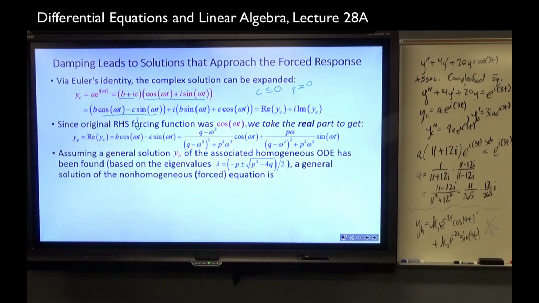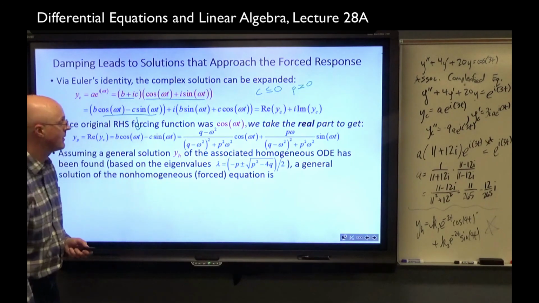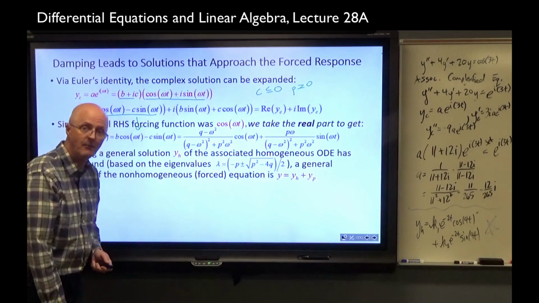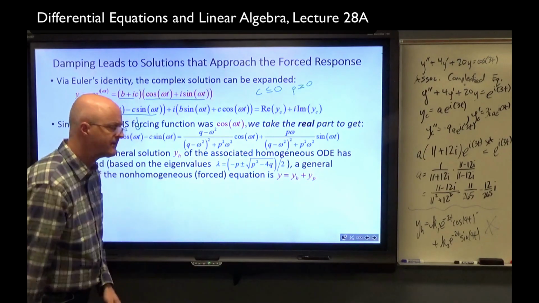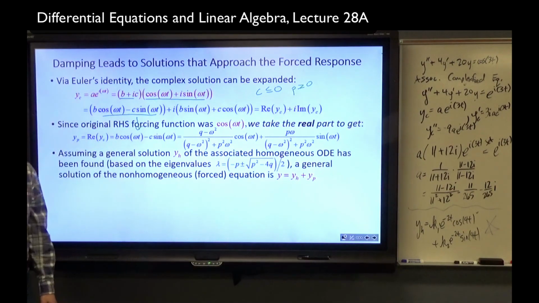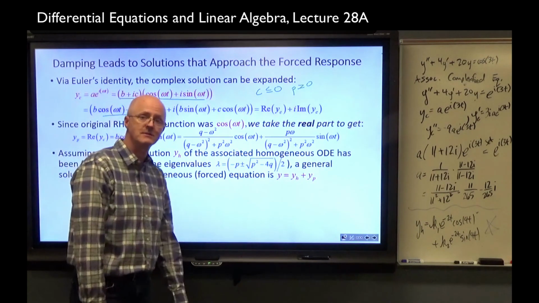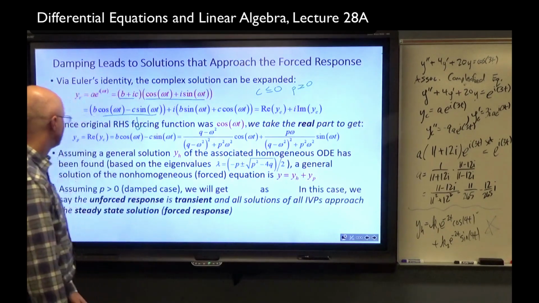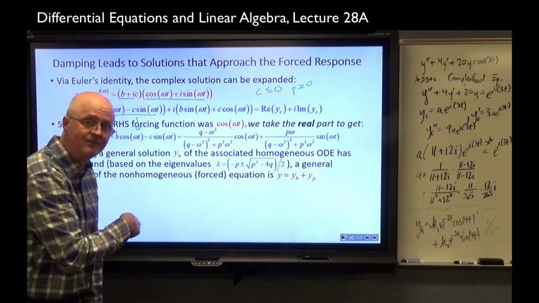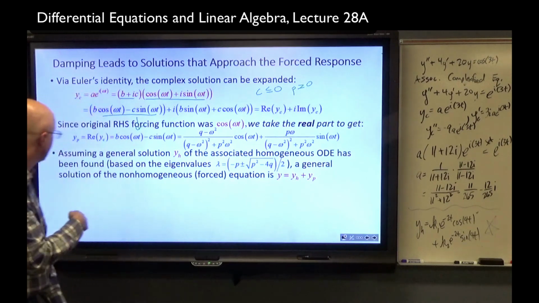A general solution of the non-homogeneous forced equation, the original equation, is the sum, like I mentioned 10 minutes ago, YH plus YP. Add the general solution of the homogeneous equation to a particular solution of the non-homogeneous equation. We knew that already, based on the things I've said before.